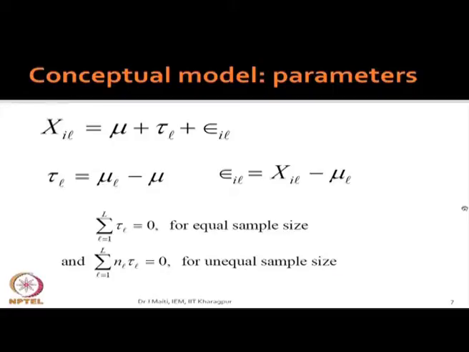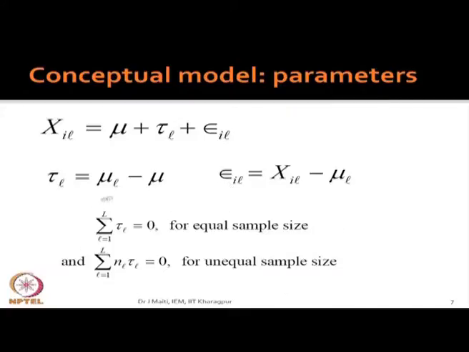But what are the parameters you are estimating in MANOVA? Your parameters will be this tau L, actually mu L also you have to estimate, mu you have to estimate, and you have to estimate also the error terms.